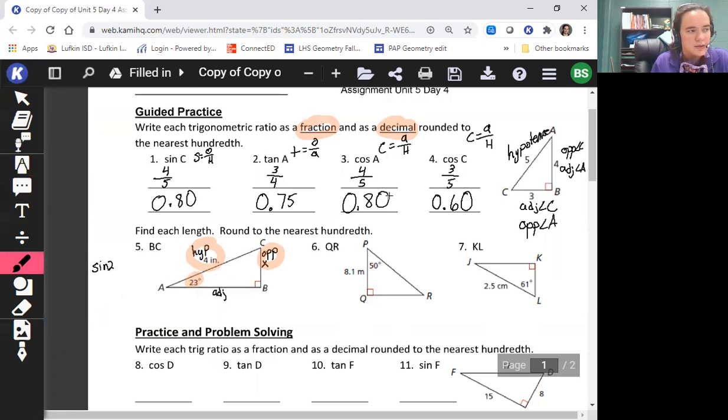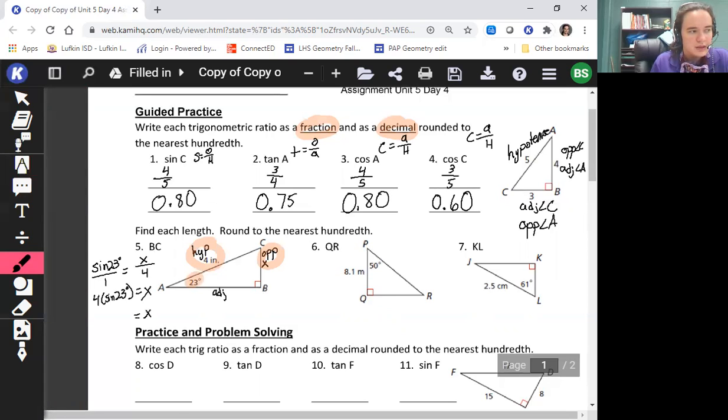So sine of 23 degrees over 1 equals our opposite, which is x, over hypotenuse, which is 4. And we're going to cross multiply. So we have 4 times sine of 23 degrees equaling x.